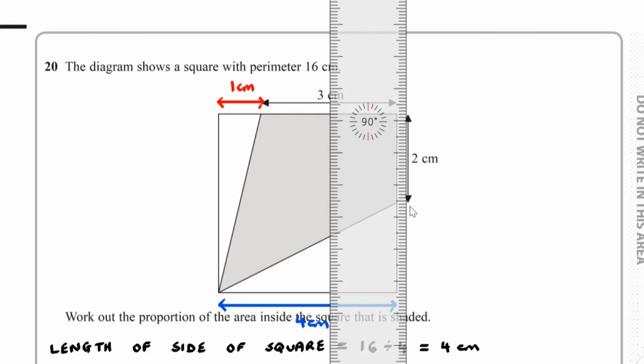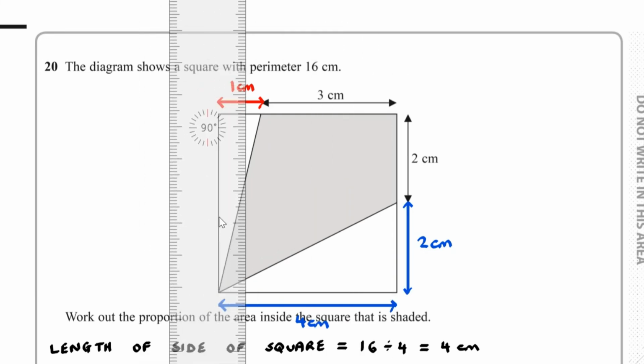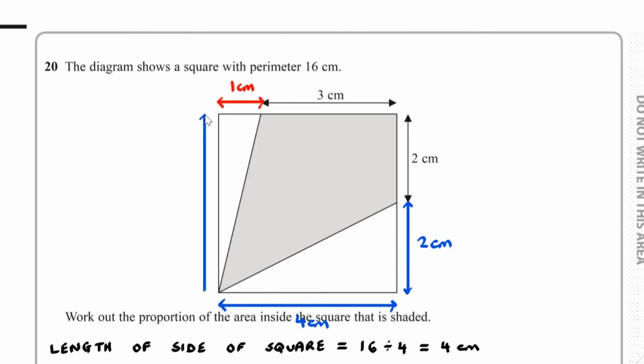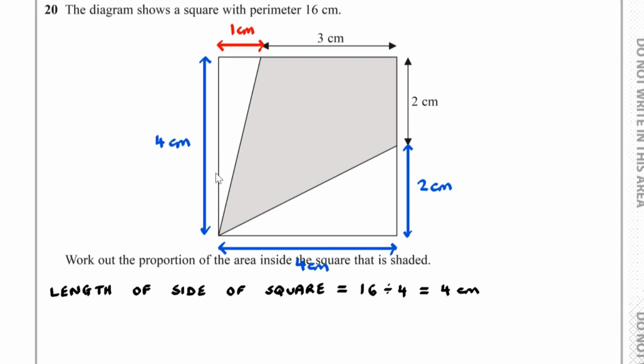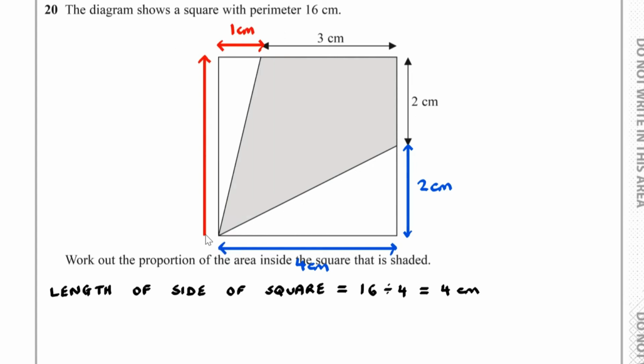So here we have 4 take away 2, which is 2 centimeters, and here we also have 4 centimeters. So here we would have 4 centimeters.